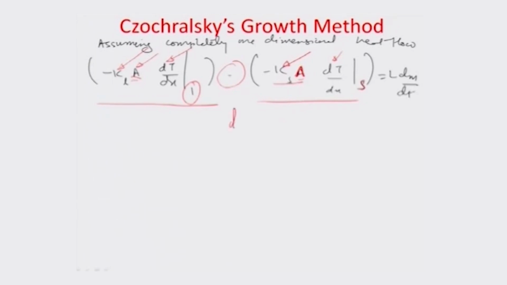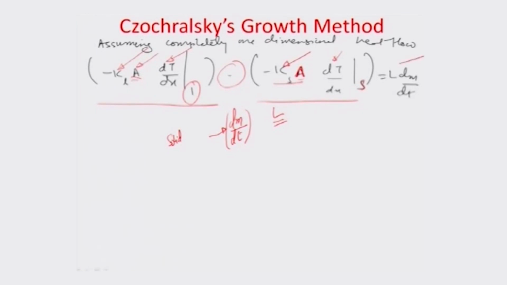So, if we assume that the rate at which the solid material gets formulated is dm/dt, as you can see in this particular illustration here, and L being the latent heat of formation, which is in terms of how much heat per kg is lost in order to formulate the solid.